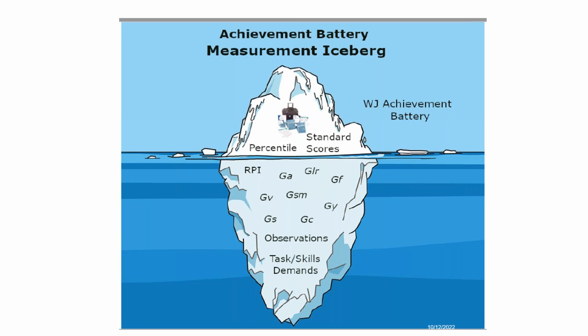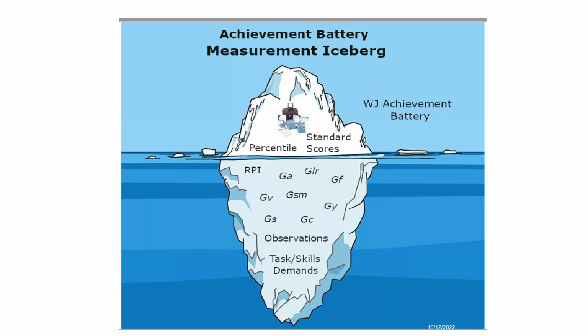I think the other thing to keep in mind is we've traditionally been taught that the WJ achievement battery is a measure of achievement, when in fact, there's a lot more overlap that occurs within these batteries that, if you go deeper, will allow you to have a deeper understanding of why the student may have scored low on a particular test.